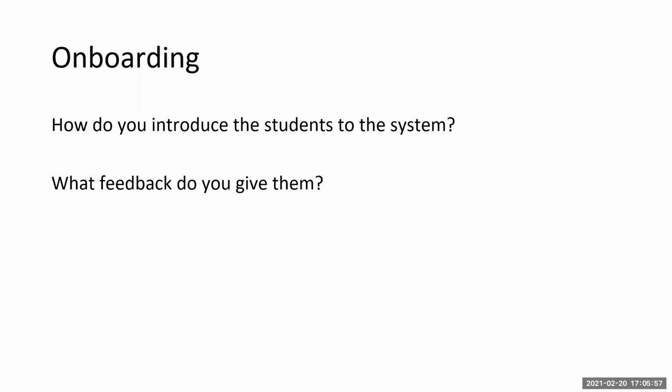So we have to introduce it. And I introduced this system through an activity. The activity was a sorting activity where I had a list of behaviors. And I asked the students, is this behavior the behavior of a C+ student or an A+ student?